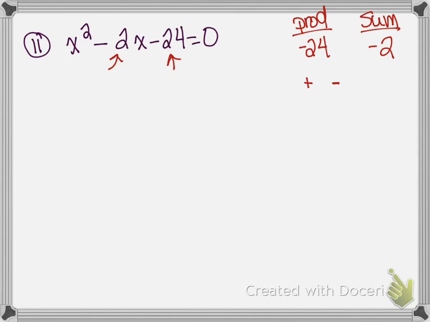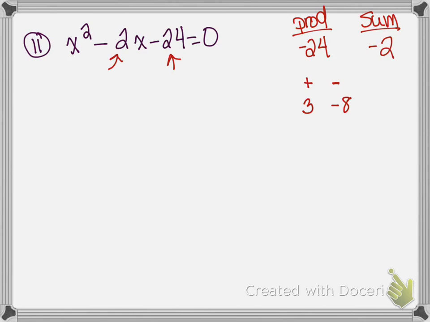My sum is negative, so my larger absolute value is going to also be negative. So we've done 24 already. It was 8 and 3, right? Did that work? So 3 and then negative 8, because my larger absolute value's got to be negative.